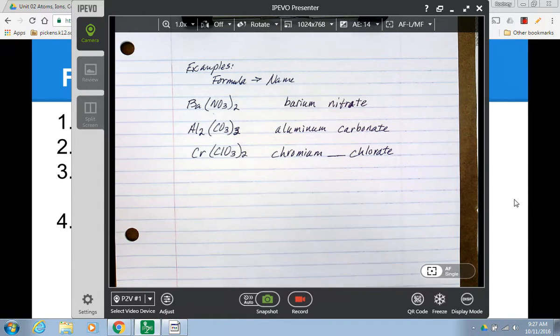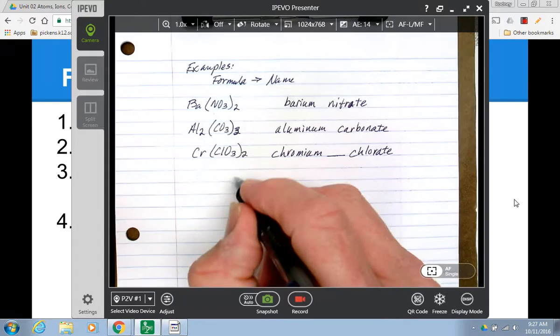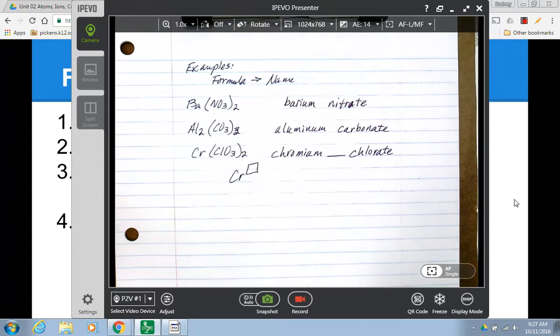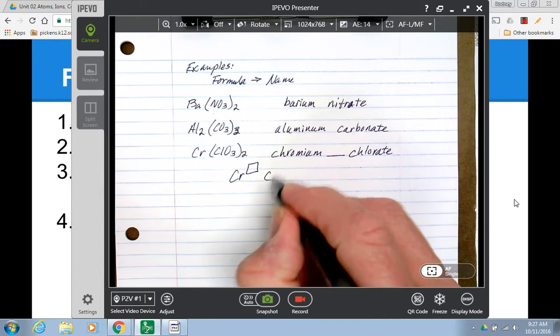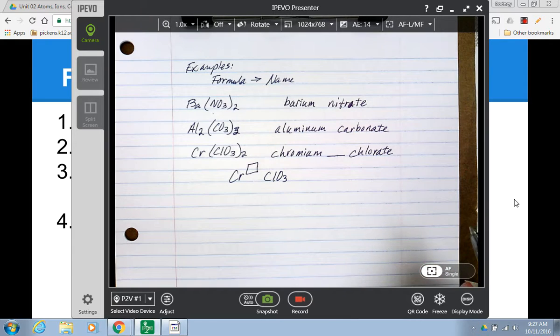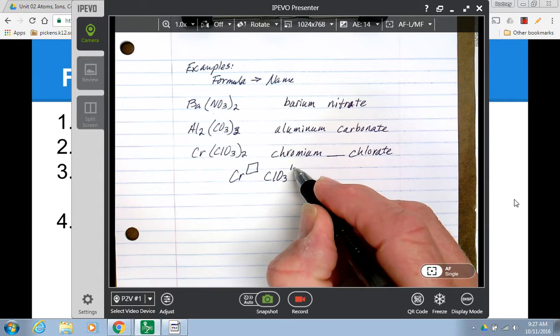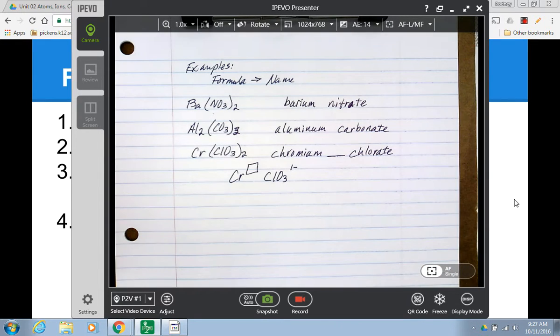Now what we need to do is figure out what the charge is going to be. So we do it just like we did binary compounds. We're going to write down the symbol Cr. We're trying to figure out what charge goes beside the Cr. We write down ClO3 because that's chlorate, and we write down what its charge is. Again, look at your table of polyions. Chlorate has a -1 charge.